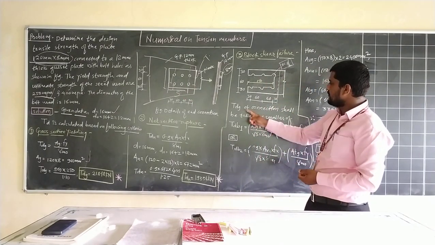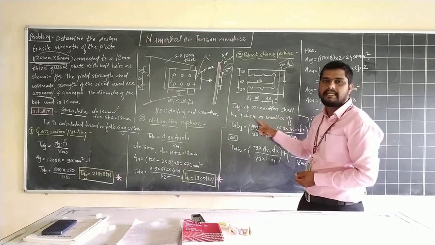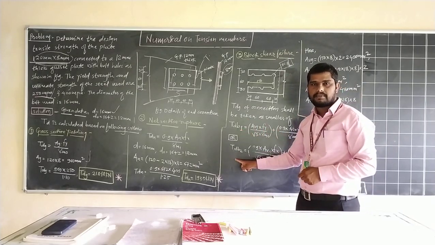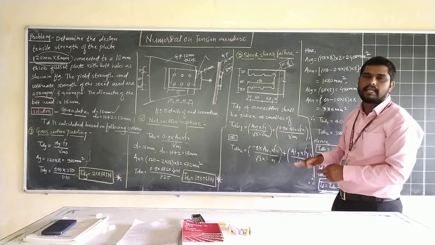Then find out the design strength, that is TDB of the connection, which shall be taken as the smaller or minimum of TDB1 and TDB2. We have already studied this in a previous lecture. So what is meant by TDB1 and TDB2?